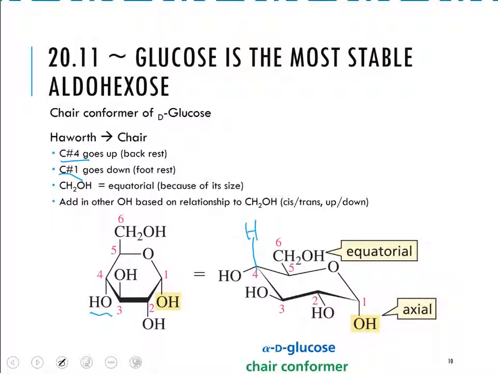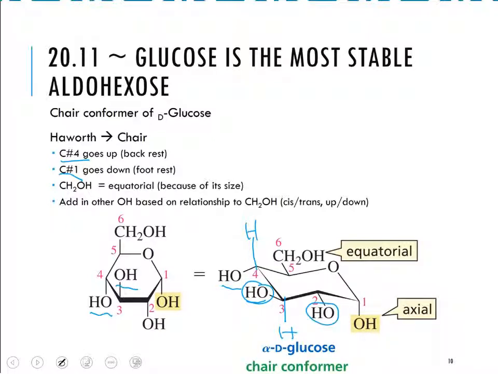So if we just compare neighbors, these two are also trans. So if this alcohol is down, then this one needs to be up. And it is, because there's our down axial position. And then we continue that trend as we go around the ring. Our next alcohol has to be trans to its previous neighbor. So this one is up, so this one is down.